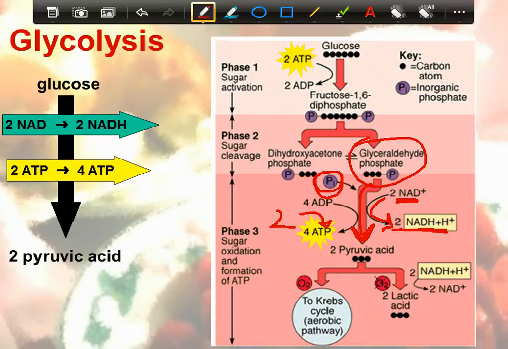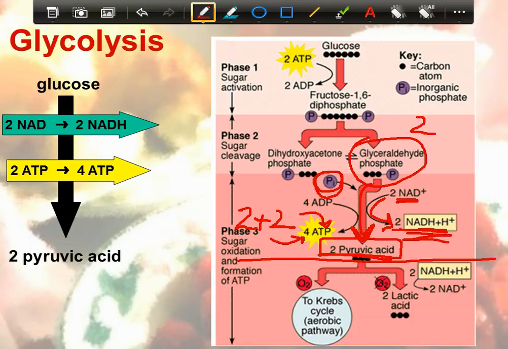Now, remember there were 2 glyceraldehyde phosphate molecules. So a second one comes down, continues this. We get more reduced NADH. We get 2 more ATP, and that's why there's a 4 right there. And we end up with pyruvic acid from each of the glyceraldehyde phosphates.